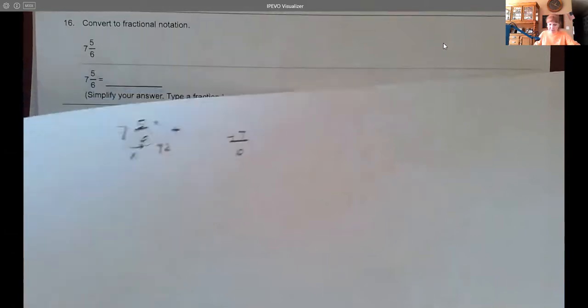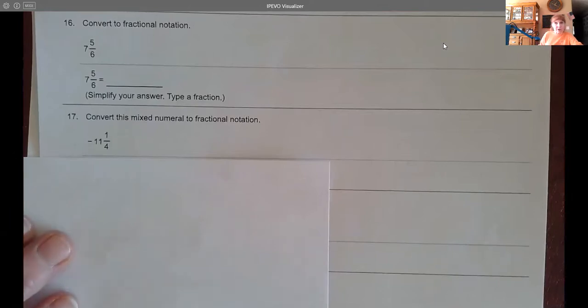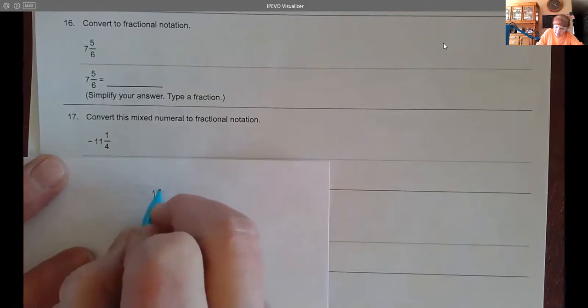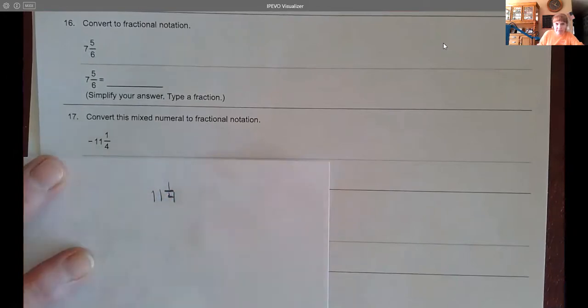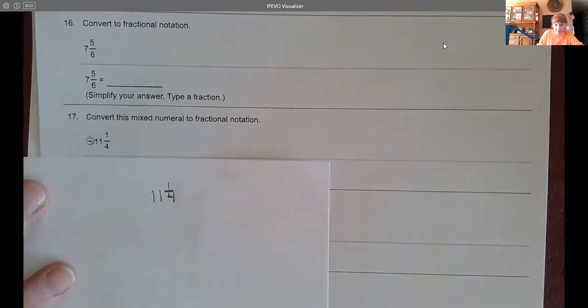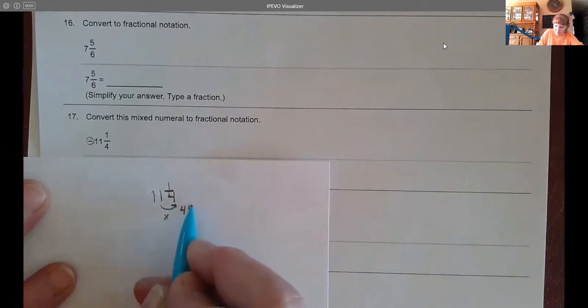Let's do another one. It's a negative. All right, so what do you do with that negative? Well, you ignore it until you write your answer and you put a negative in. So we'll have 11 and 1/4. Okay, so we're going to ignore the negative right now till we're done. 11 times 4 is 44.